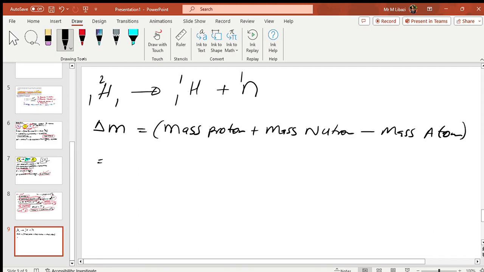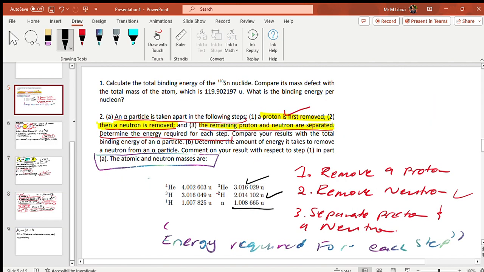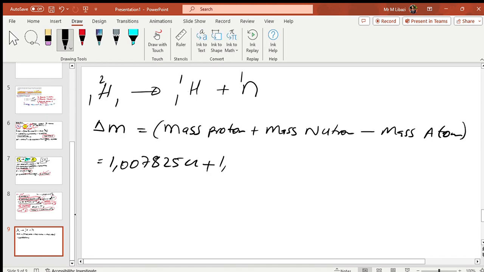You know that the mass of a proton is 1.007825 u, if I'm not mistaken, according to this, yes. Then the neutron is 1.008665 u, and then we subtract the mass where they were combined.